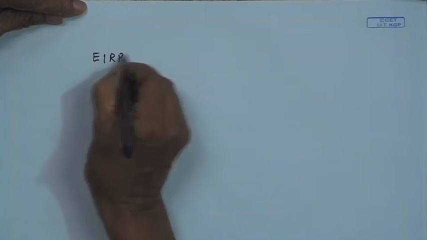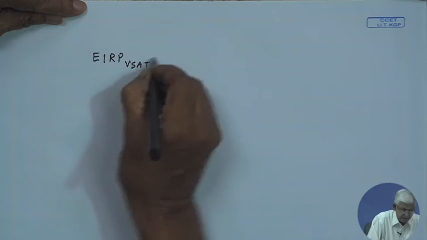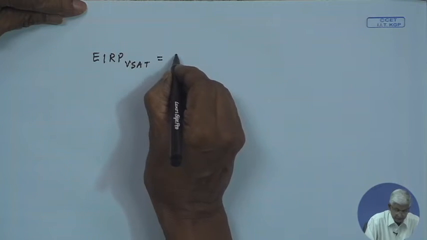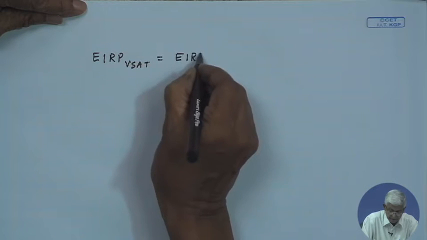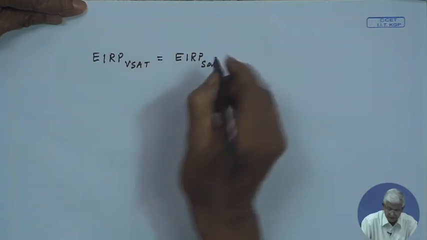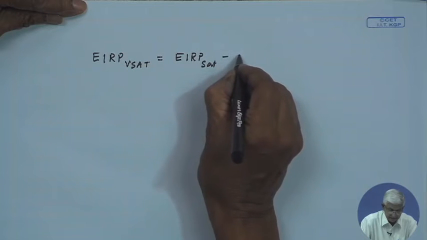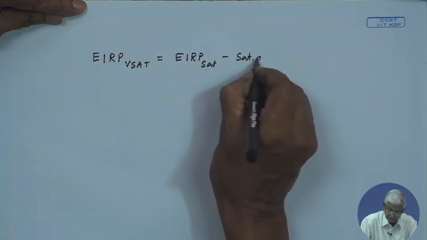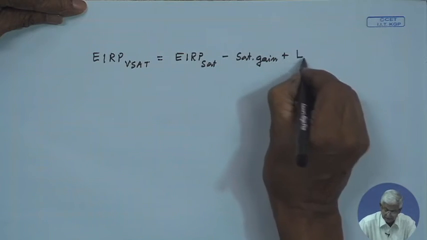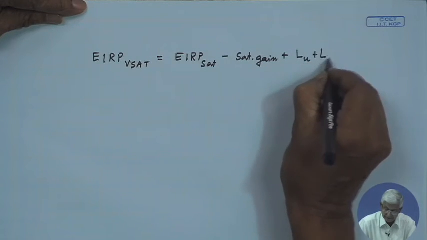So, therefore, we can write it this way: EIRP of VSAT is equal to EIRP of satellite, and then I reduce the gain, that is the satellite gain, and then I add the losses, uplink and miscellaneous losses.